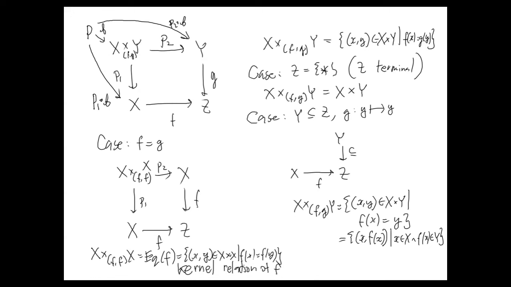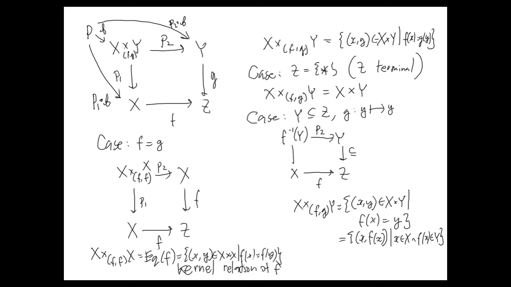Would this be restricting f to Y? Restricting f to Y, yeah, kind of the best way to restrict f to Y. So it will be the inverse image of Y. And then the p2 map here can be my restriction.